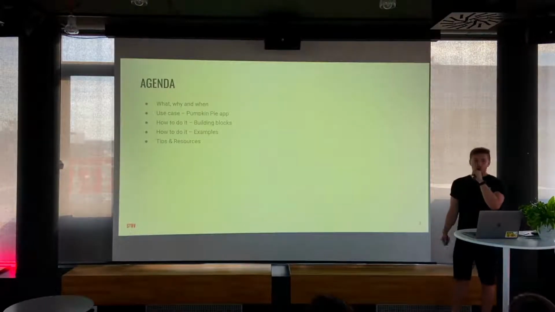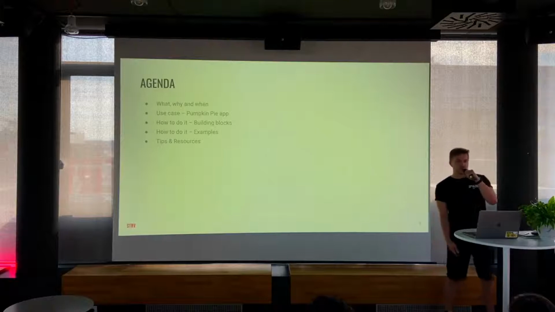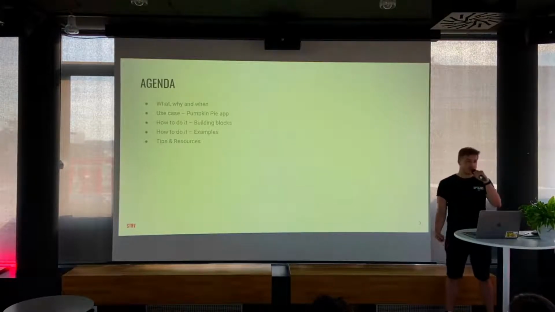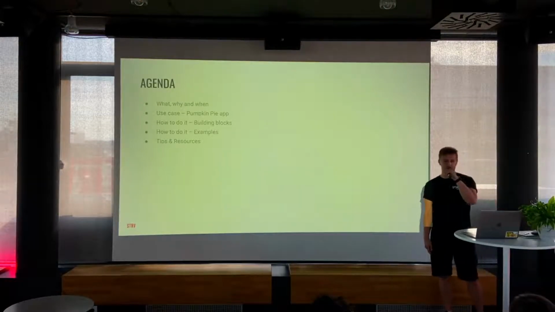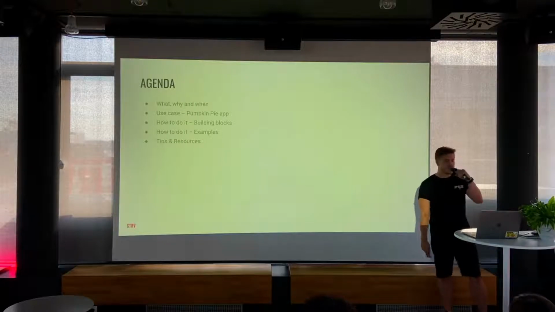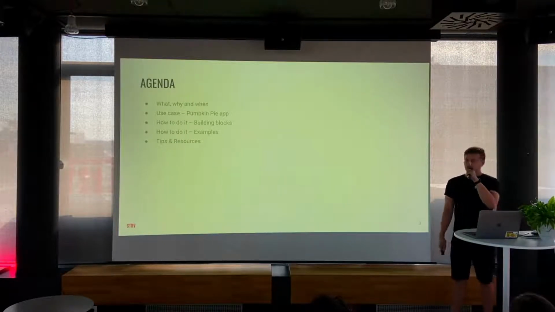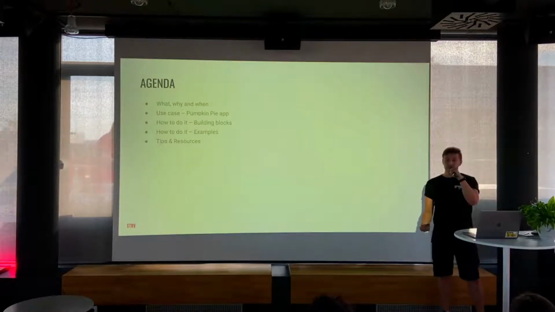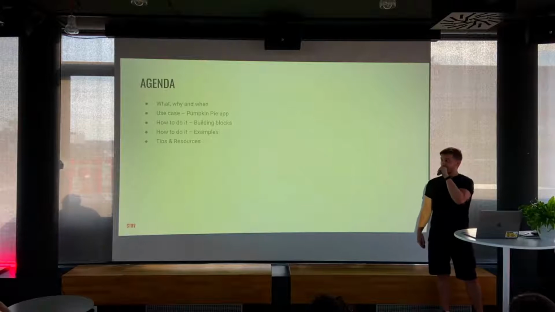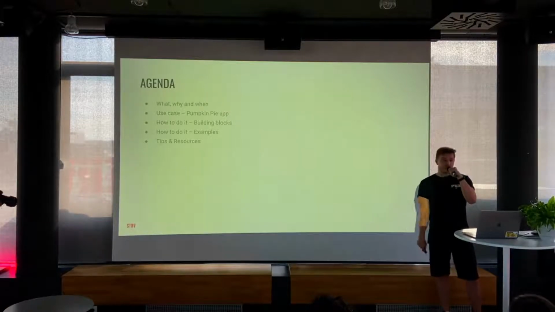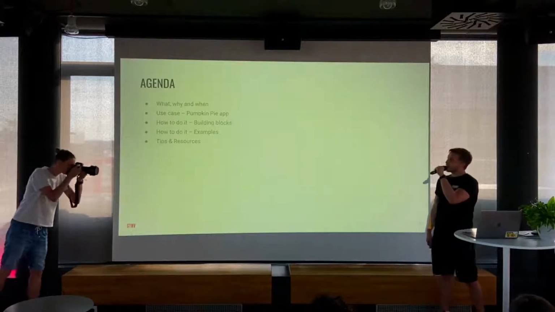And so what can you expect today? Well, we will start with a few questions. What are these custom view controller transitions? Why and when should we care about them? Then I'd like to show you how we leverage custom transitions in the app we work on here.